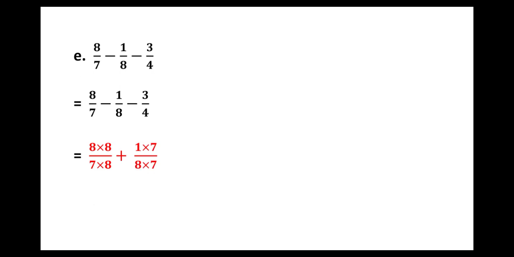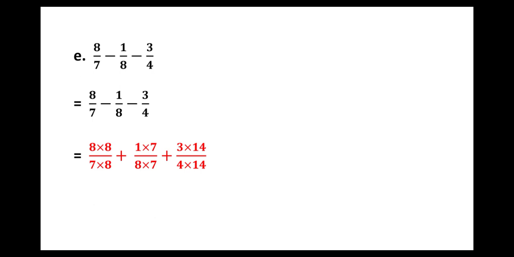Now we take the LCM of 7, 8 and 4. The LCM of 7, 8 and 4 is 56. Now I need to find the number by which each denominator is multiplied to give 56. In the first fraction, 8 upon 7, we multiply by 8 because 7 eights are 56.